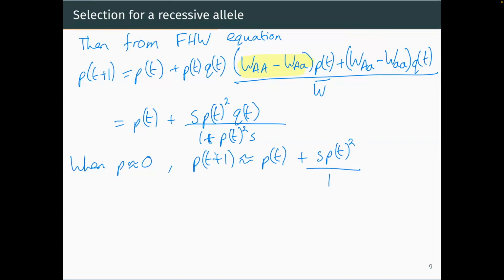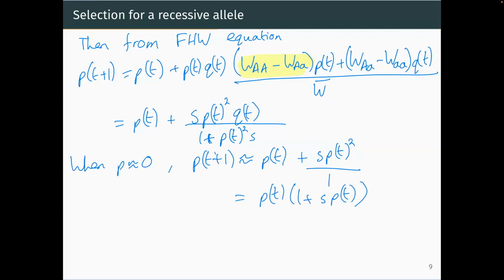So everything cancels down to 1. So again, this is the nice thing about using this format of the Hardy-Weinberg equation. It ends up cancelling lots of things out, and then we can make some nice approximations to growth when things are rare. So this just simplifies down now to P of t times 1 plus S times P of t.